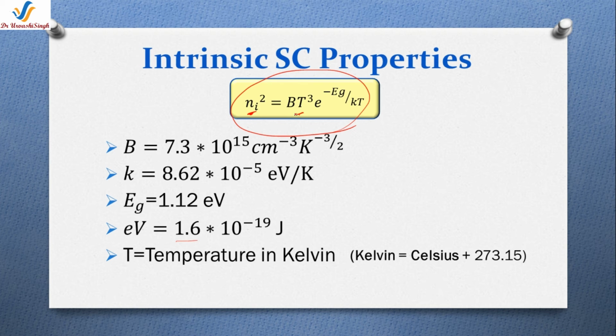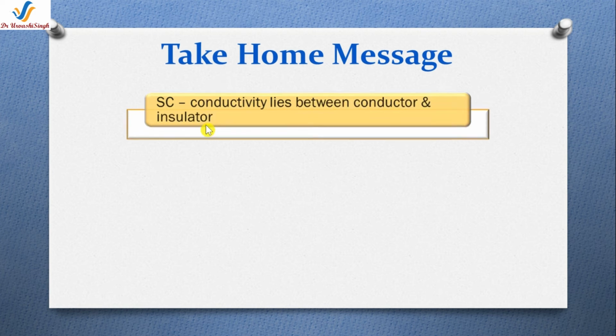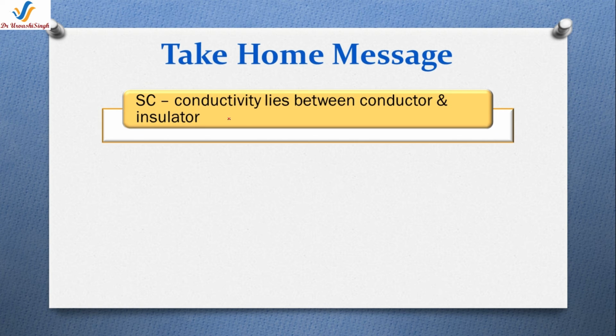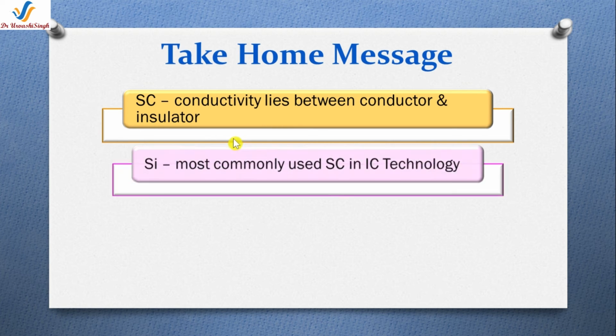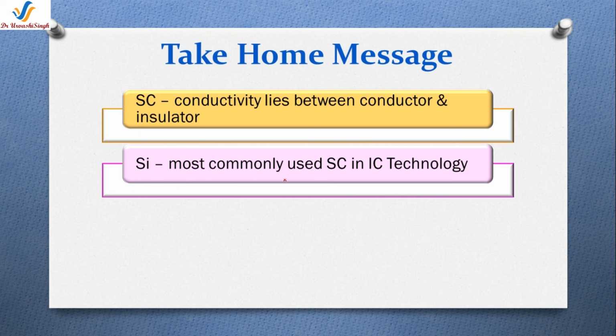So let's recall all the important facts of the topic. The semiconductor is the material whose conductivity lies between the conductor and the insulator. Among all the semiconductors, silicon is the most commonly used semiconductor in IC technology because it is abundant in nature and its thermal energy is favorable for the IC devices.